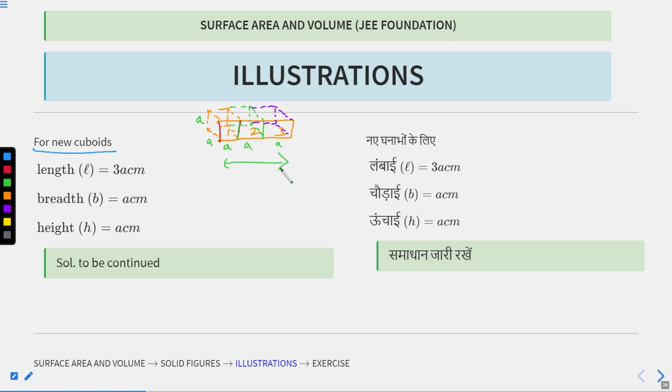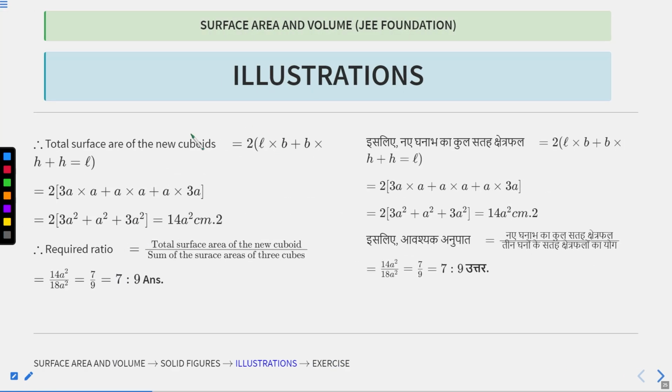In total we have a cuboid with length 3a centimeter, breadth a centimeter and height also a centimeter. So we have to find the surface area of the new cuboid.